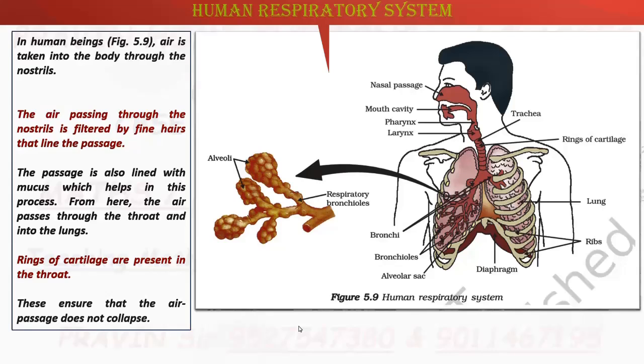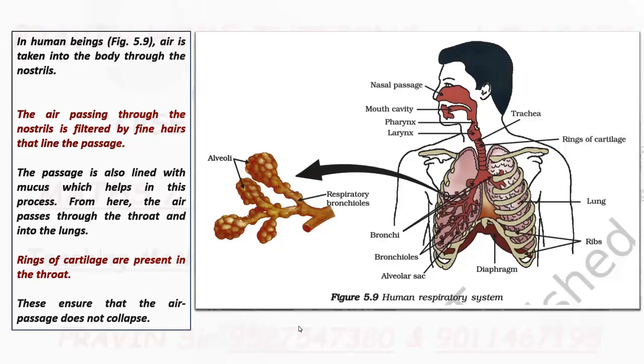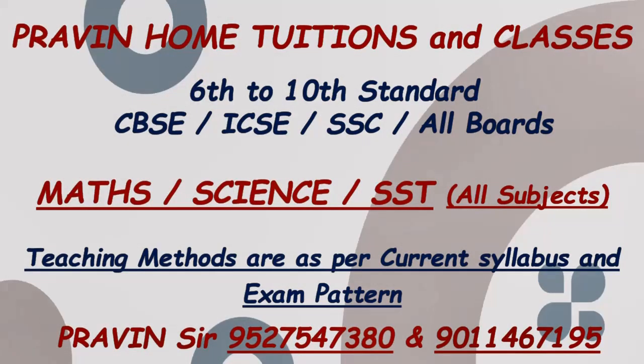This hemoglobin pigment is present in the red blood corpuscles. Carbon dioxide is more soluble in water than oxygen, and hence is mostly transported in dissolved form in our blood. This is all about the human respiratory system.